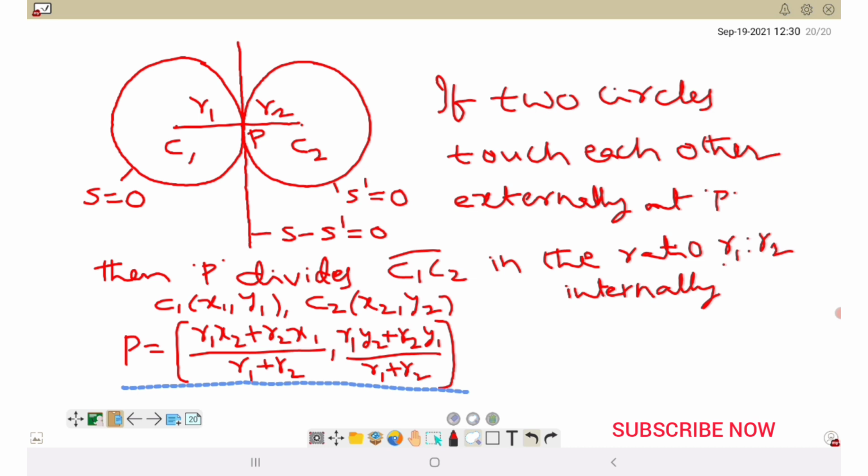So P is equal to R1 x2 plus R2 x1 by R1 plus R2, comma, R1 y2 plus R2 y1 by R1 plus R2. The equation of the common tangent at P is S minus S dash equal to 0.